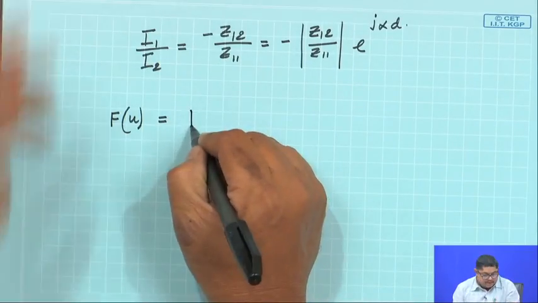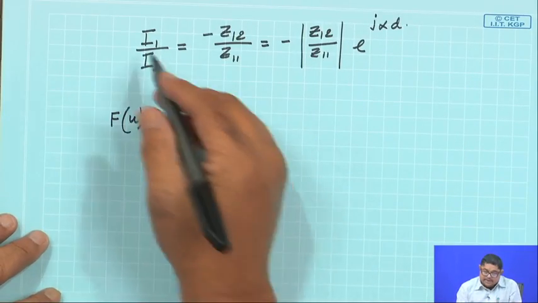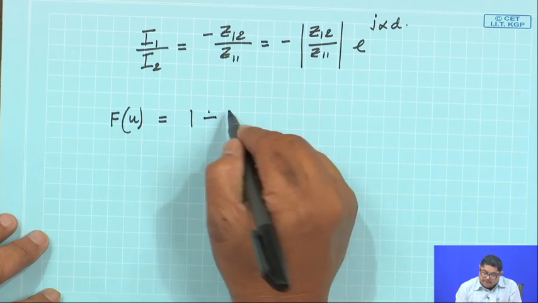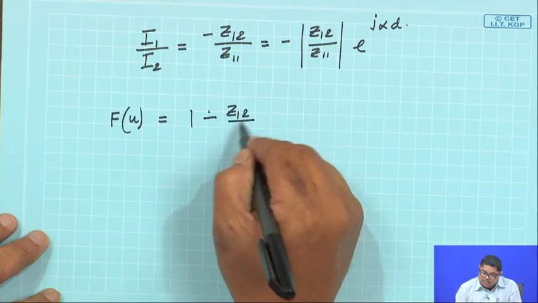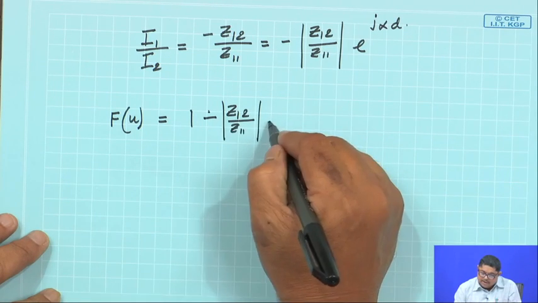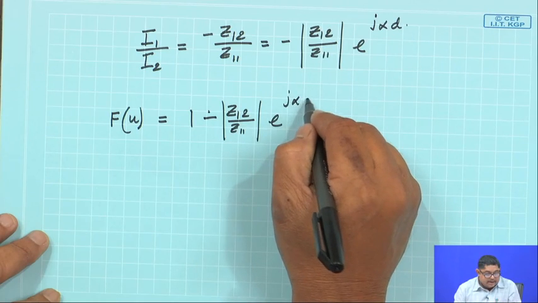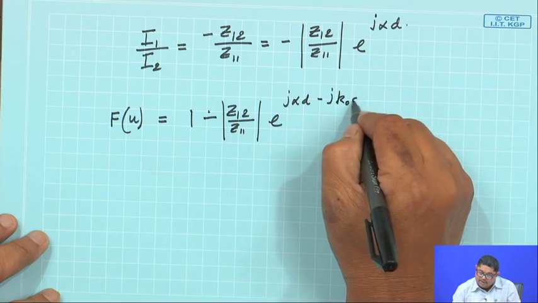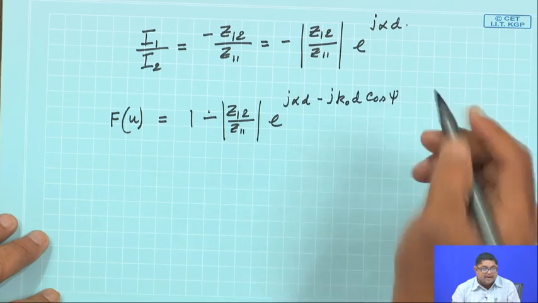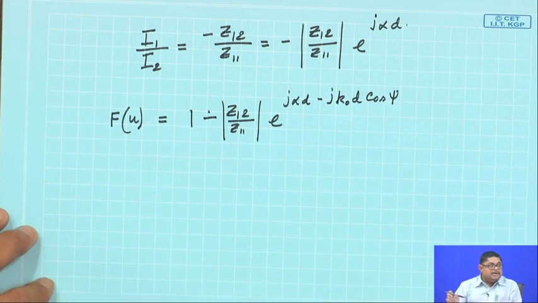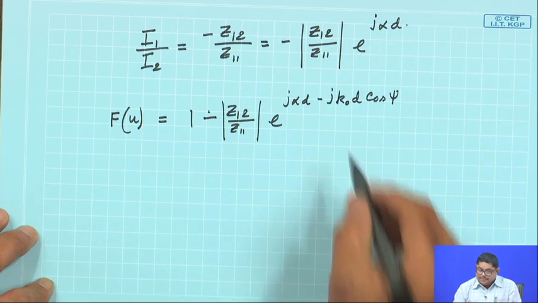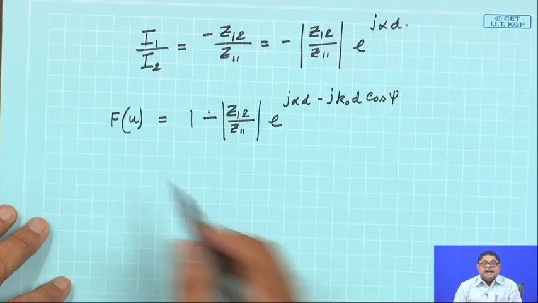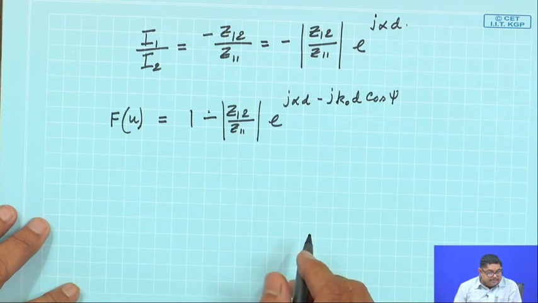So 1 plus the I 1 radiation, that means 1 minus Z 12 by Z 11 e to the power j alpha d minus j k naught d cos psi. Can I write this? Because there will be space phase between the two. So this is the array pattern of this 2 element array.